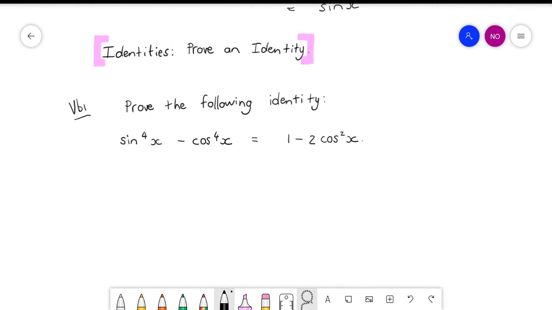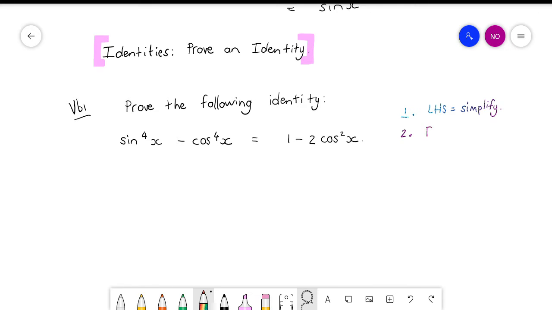Now there are three different ways to do this. You can either go left-hand side and then simplify. So you simplify the left-hand side until you get to 1 minus 2 cos squared x.